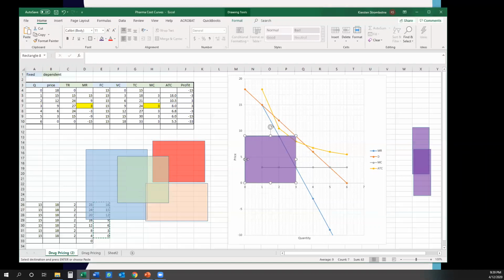But what if the pharmaceutical company can price discriminate, meaning they can charge everybody a different price based on what they're willing to pay? So let's say instead of charging $9 for all 3 units, with this red box being again my total cost box and this sliver being the revenue. What if the pharmaceutical company can say, hey, for the first unit, we know this person's willing to pay 15.